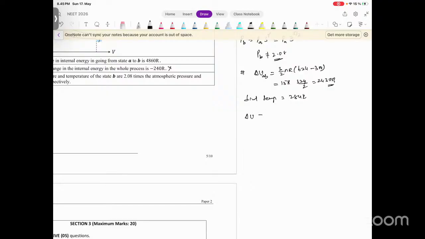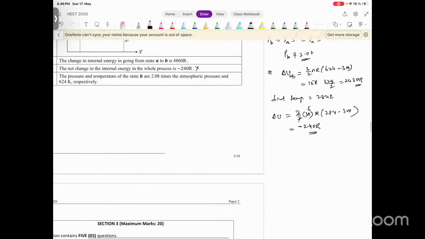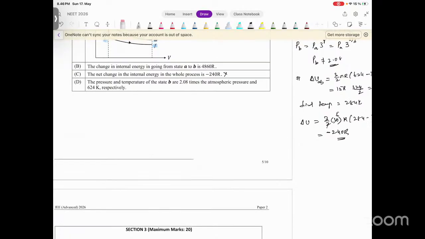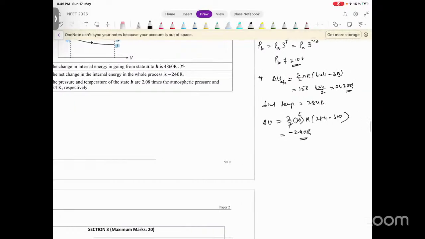So the net energy change will be 3 by 2 into 10 into R into (284 minus 300). 3 fives are 15, so 15 into R into 284 minus 300, which will be 240 R. So the next change in internal energy is 48. This will be wrong. C will be correct. B will be wrong and D is also partially wrong.